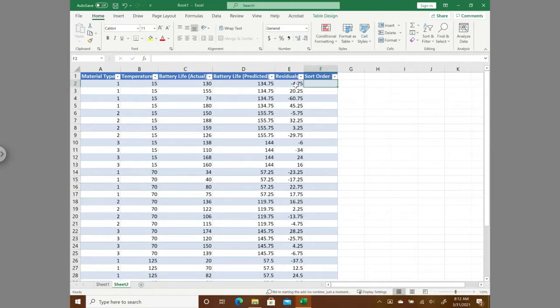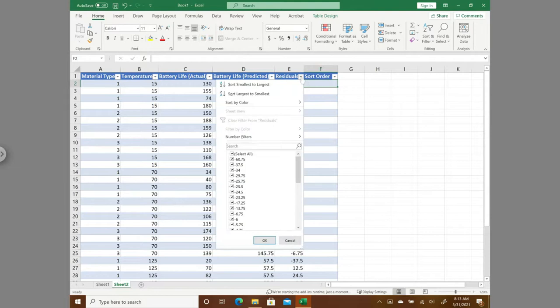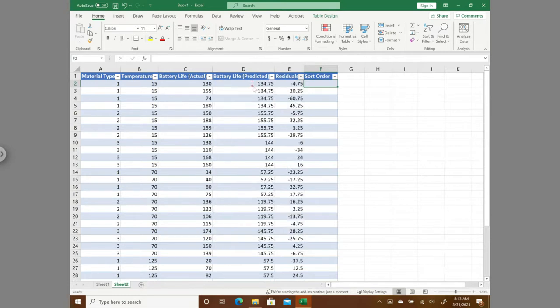We have to first sort our residuals in ascending order from lowest to highest. So I'm going to click on this tab here, sort from smallest to largest our residuals. Okay.